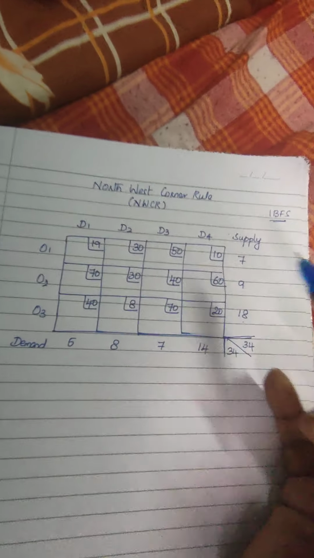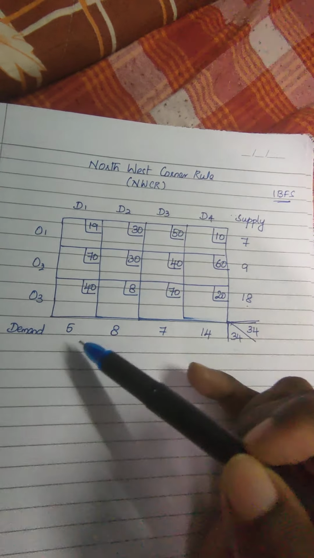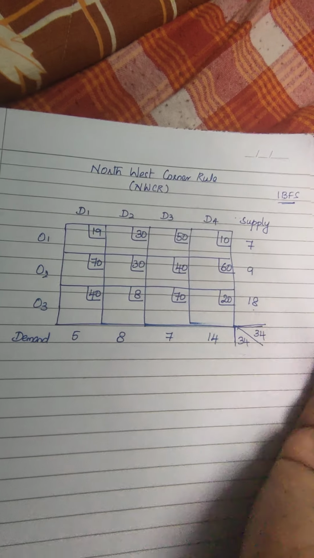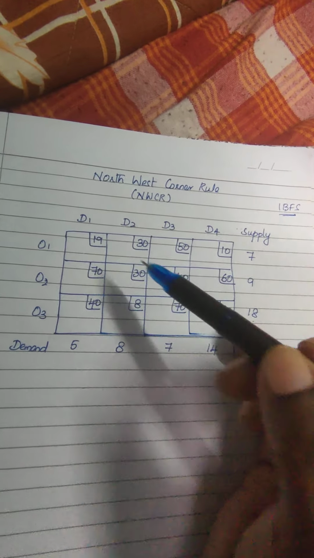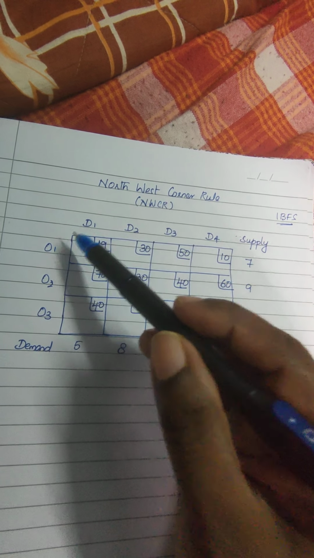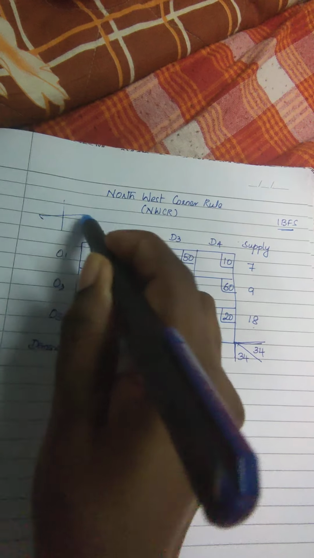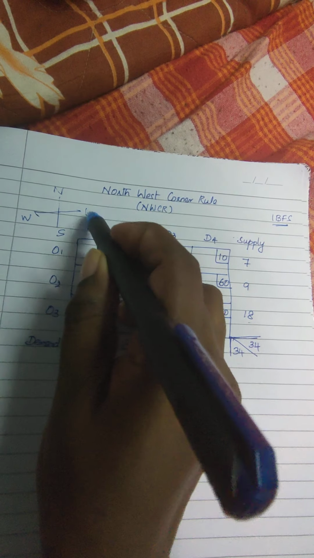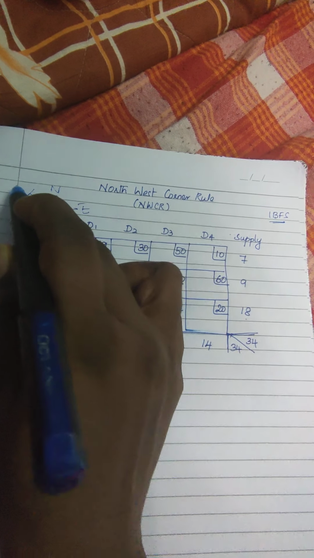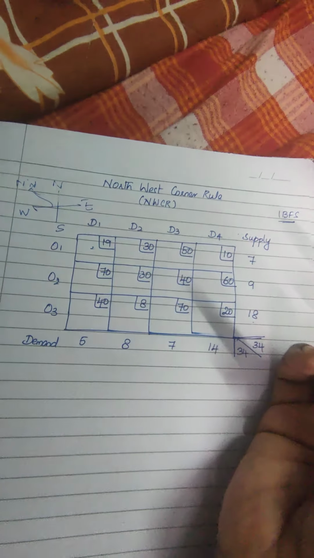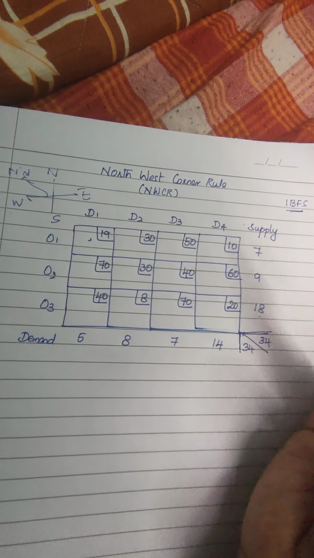The northwest corner rule means the northwest corner box is the starting point. The rule for allocation changes with each method. Here you have north, this is west, south and east, and this becomes your northwest. So in this particular box, the first one becomes your northwest corner box.